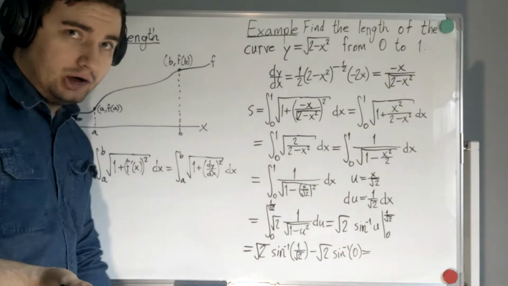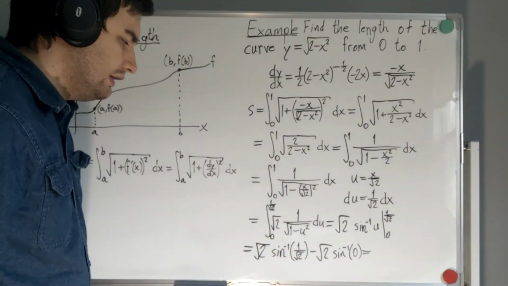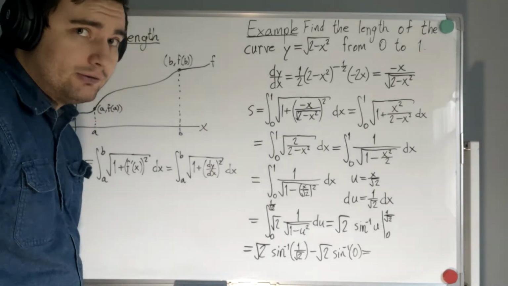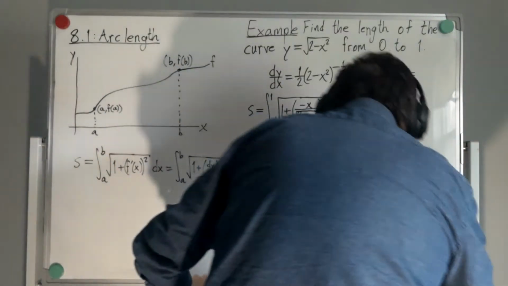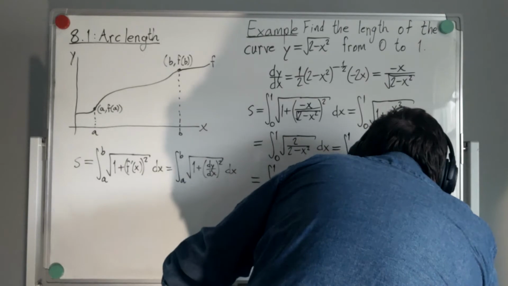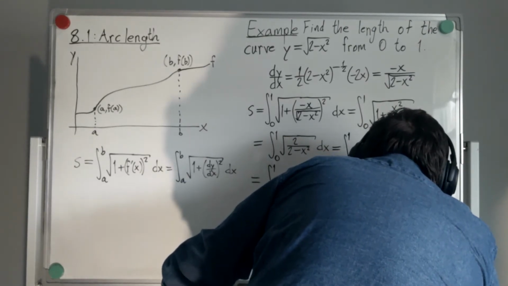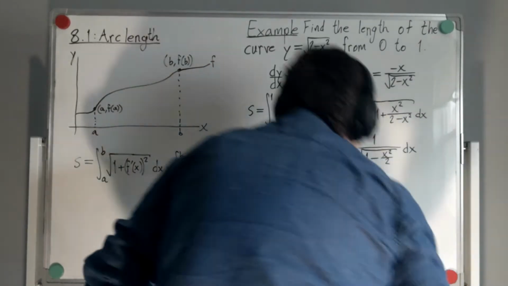Arcsine of 0 is 0. Arcsine of 1 over root 2 is pi over 4. So this becomes pi root 2 over 4, and that is our arc length.